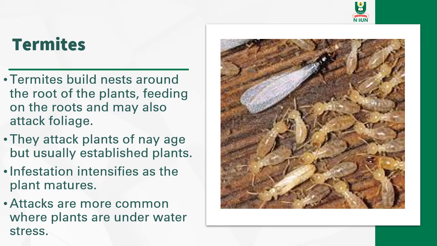Attacks are more common where plants are under water stress. You would believe that when the plants are under water stress, these insects should not be able to thrive. But these termites are so stubborn, and that is when they will attack the plant the more. When the plant does not have water, that is when they attack it the more.